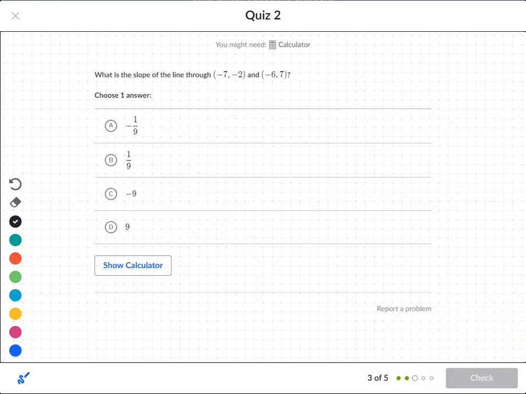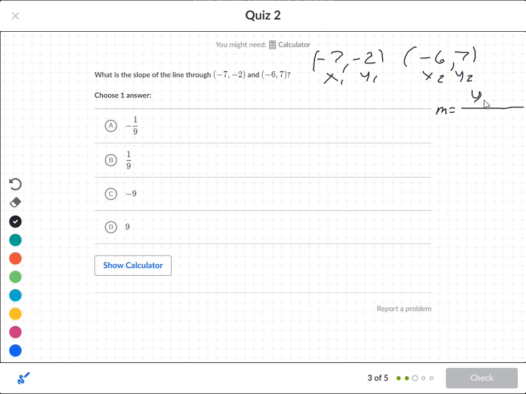Okay, next question. I want to find the slope of these 2 points. I have negative 7, negative 2, and negative 6, positive 7. There's my x1, my y1, x2, and y2.